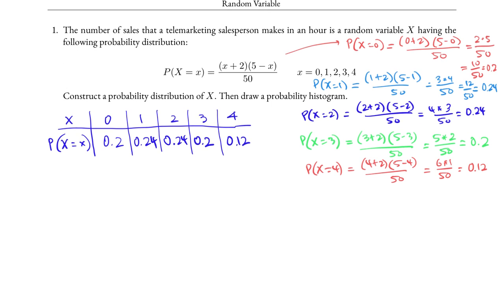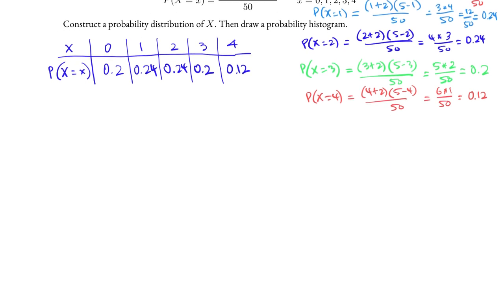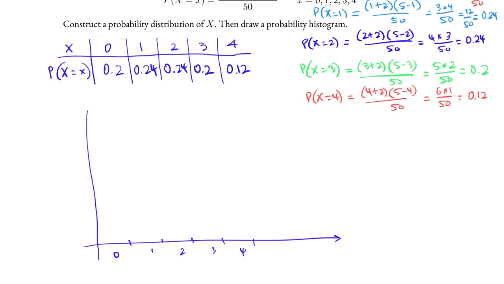The probability histogram lists the value of x on the horizontal axis with the corresponding probability on the vertical axis. And so in this case, we list the numbers 0, 1, 2, 3, 4.